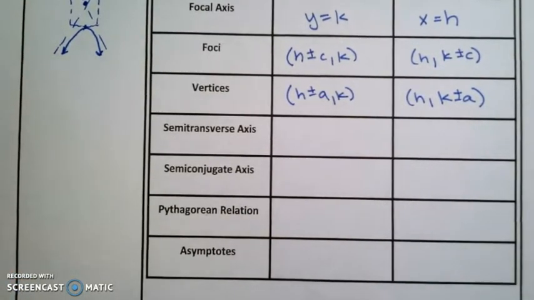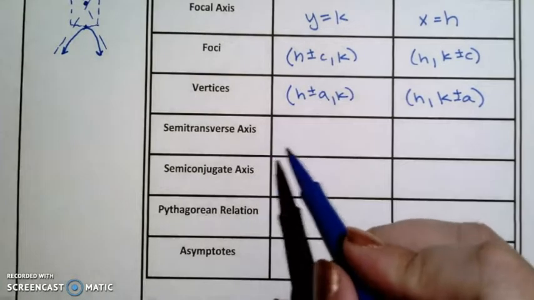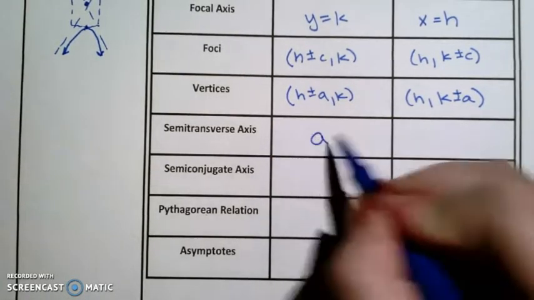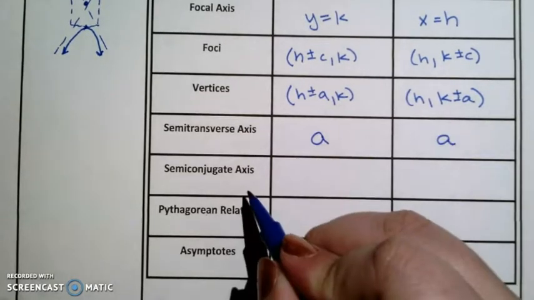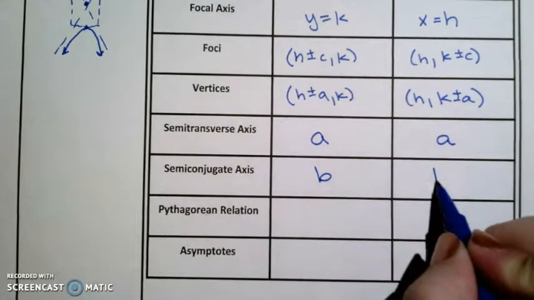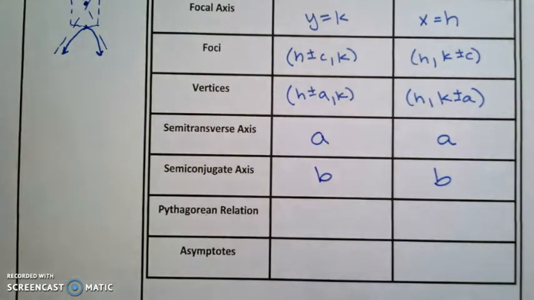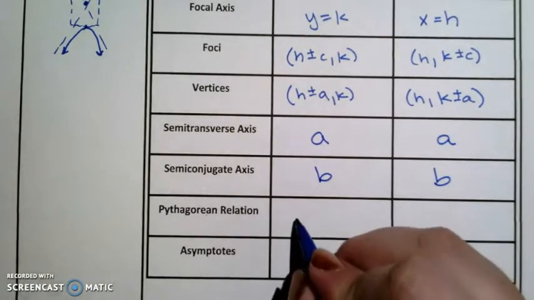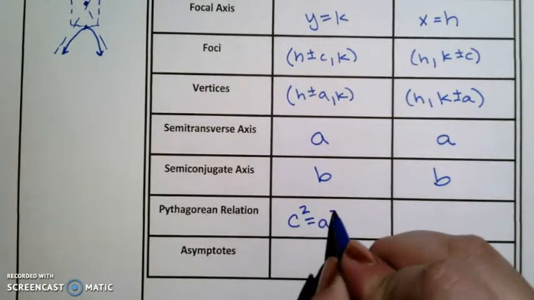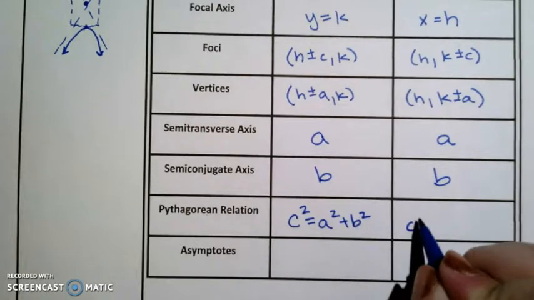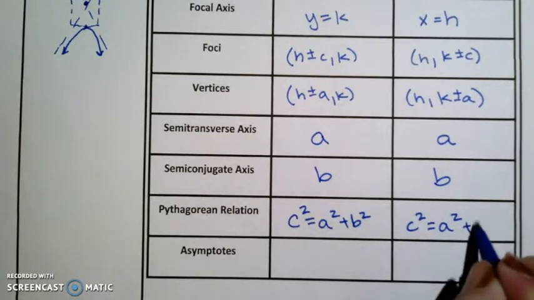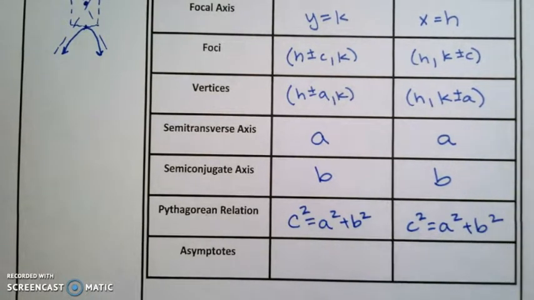Now we have different terms for our axes. We have our semi-transverse axis, a, and our semi-conjugate axis, b, playing the same roles as our semi-major and semi-minor axes. And the Pythagorean relation is now back to the one that we knew before: c squared equals a squared plus b squared, because now our focus is further away from the center.